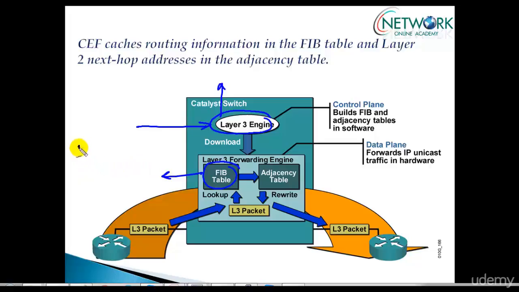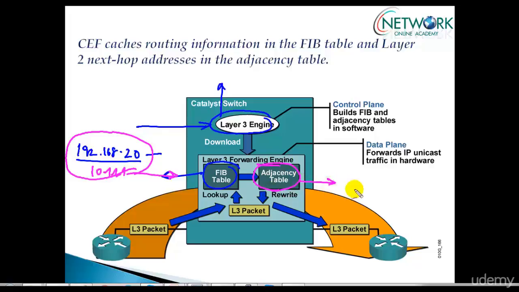Let's say the 192.168.2.0 network is the destination network ID, and to reach that destination we have a next hop of, let's say, 10.1.1.1. This information is maintained in your FIB table in the layer 3 forwarding engine, and it is also going to maintain one more table called the adjacency table. In that adjacency table it is going to maintain the exit interface information.